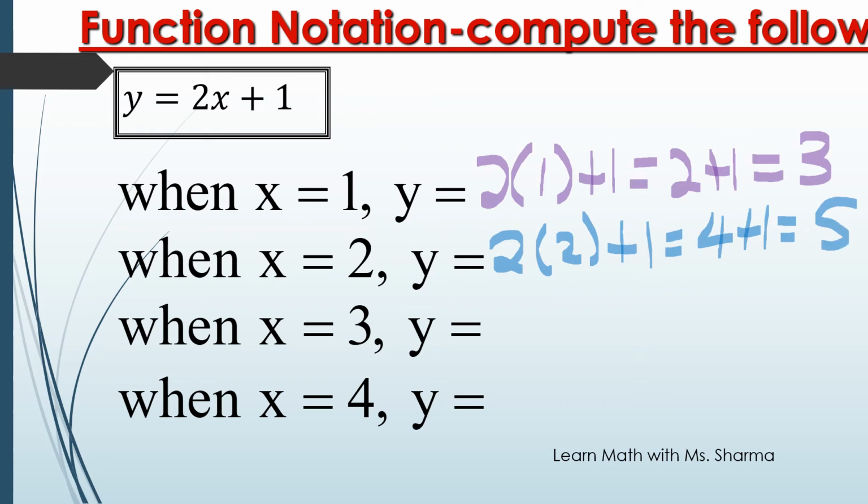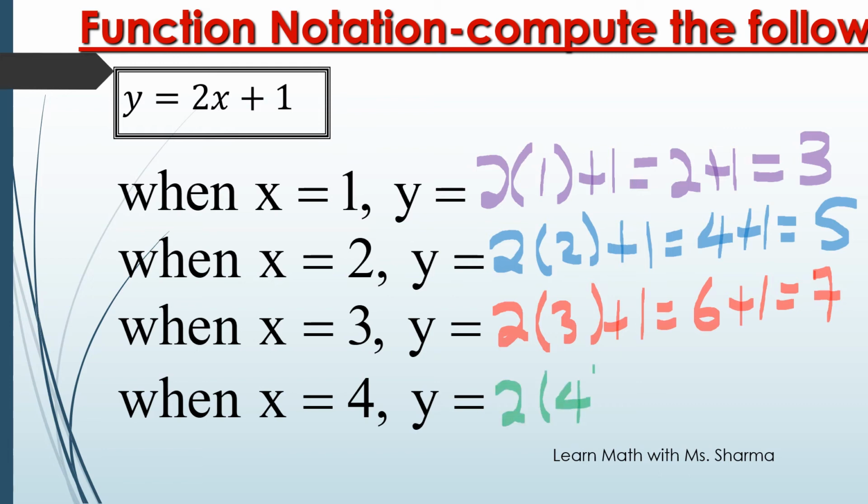When x is 3, we plug in 3 in place of x. We have 2 times 3 plus 1. So 2 times 3 is 6, plus 1, 7. Then when x is 4, we plug in 4 in place of x in the equation. So we have 2 times 4 plus 1 equals 8 plus 1 equals 9. So now our range is 3, 5, 7, and 9.